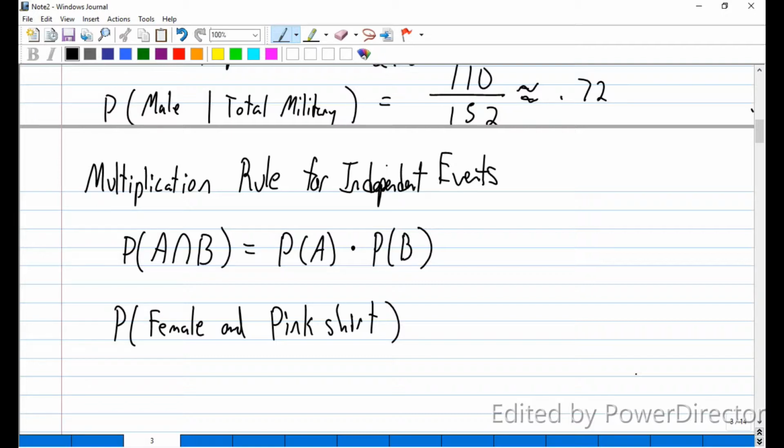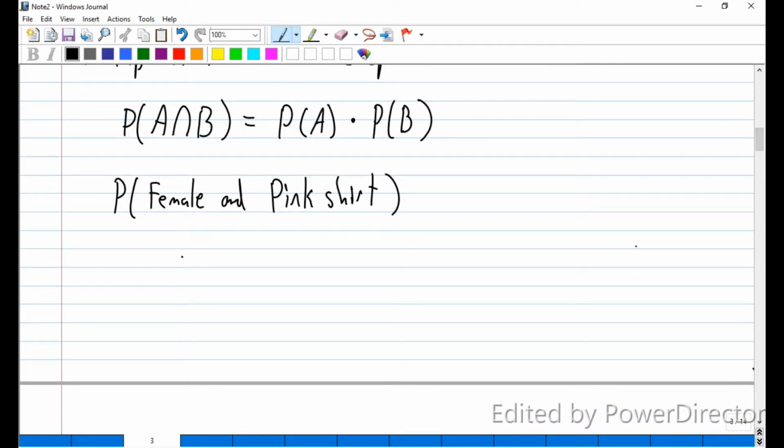So let's see how many people are in here. We have 23 people here today. So the probability first that if I randomly selected someone they were female: we have 23 people and 16 females.